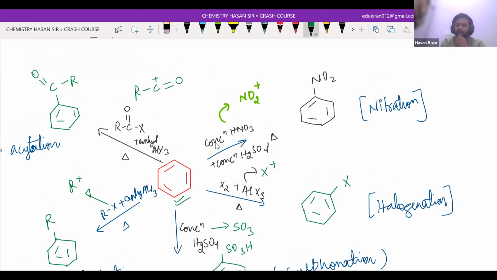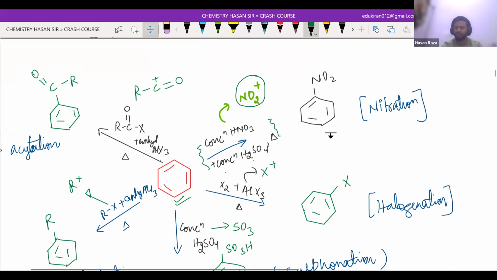This is your benzene. If concentrated HNO3 and concentrated H2SO4 are mixed together and heated, then with the help of this reagent we get the electrophile NO2 plus, and this will attack benzene at any position.